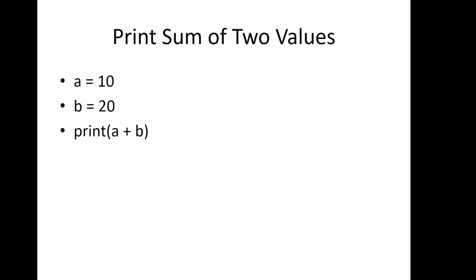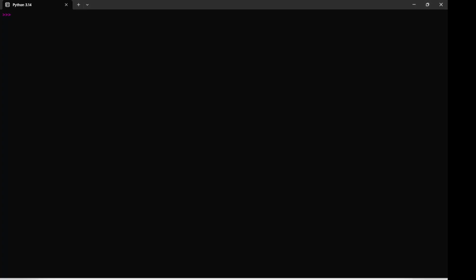So with the help of variables, first we'll assign 10 to A, 20 to B, and print A plus B. It will give the result of 10 plus 20. Let's see. A is equal to 10, B is equal to 20, and print A plus B. Right?